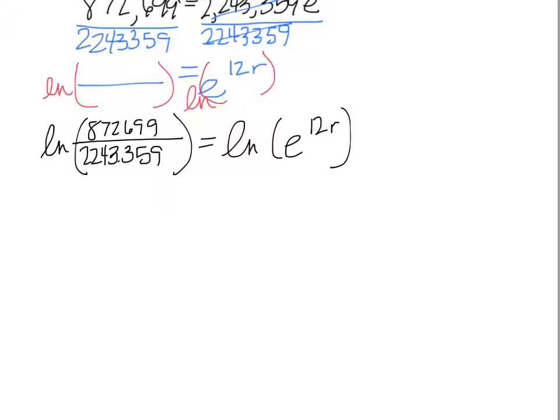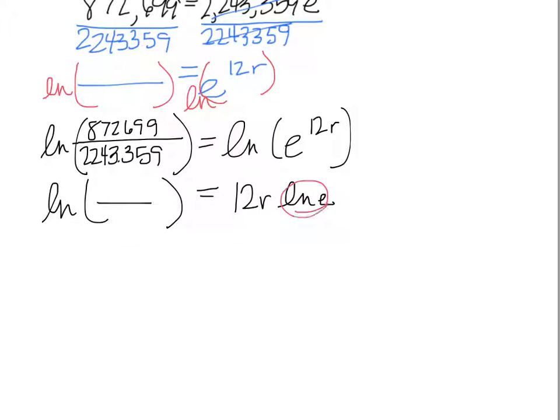So if I move this exponent down out front, that becomes 12r times ln of e is equal to the ln of this giant fraction. And also remember the ln of e is equal to 1. So 1 times 12r is just 12r. 12 times the rate, 12 years times the rate, is equal to ln of this fraction.